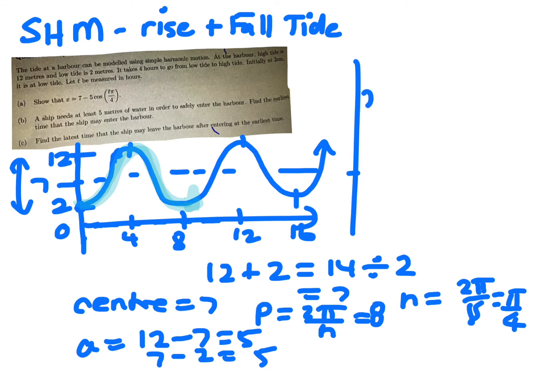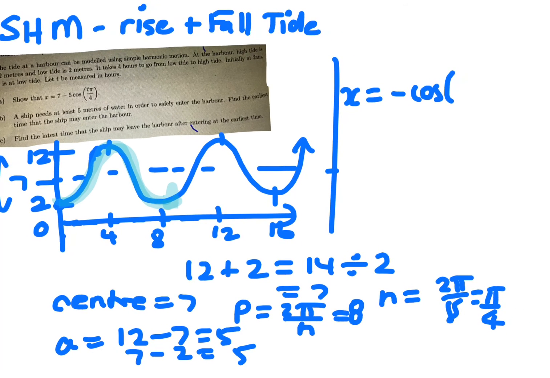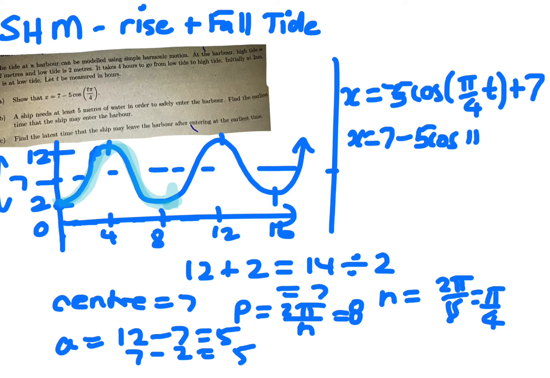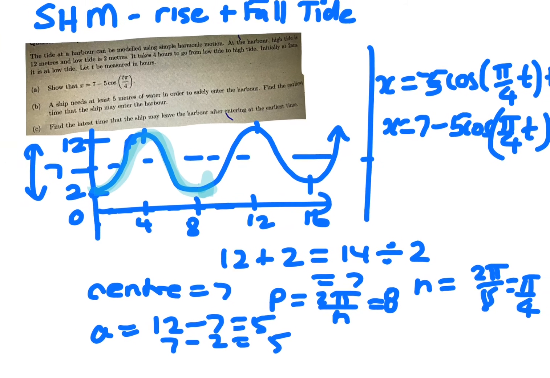So therefore your best graph would be your negative cos graph with your n, which is pi on 4t, plus 7, and the amplitude is 5. That's why the best graph is 7 minus 5 cos pi on 4t, as shown.